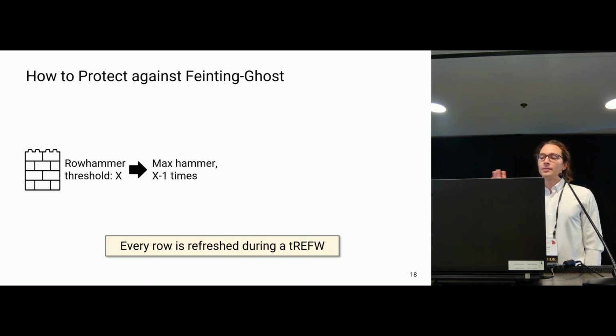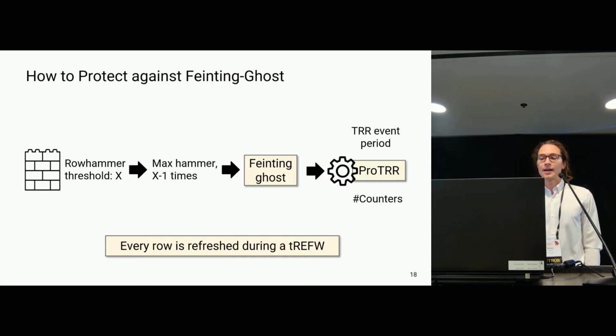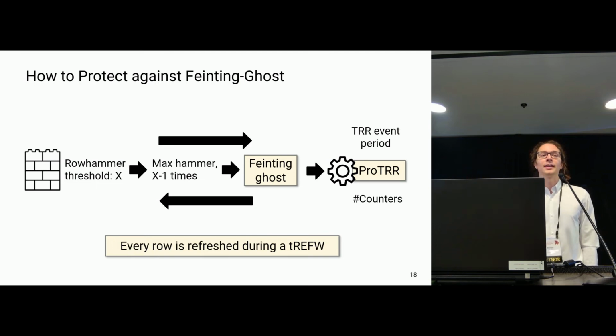Well, the concept is literally the same. However, this time through fainting ghosts, we can understand the setup of ProTRR in terms of TRR event period and in terms of counters needed. And this is one way of seeing it. The other way of seeing it is, given the device resources, such as power constraints or area constraints, we can understand what the device can be protected against.